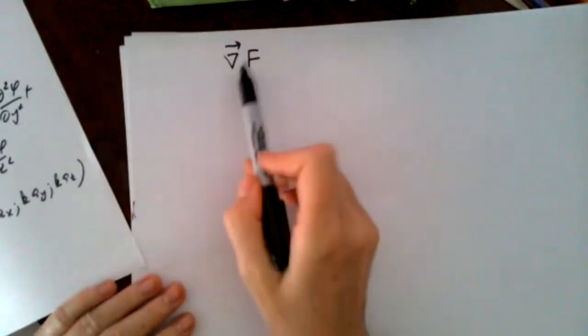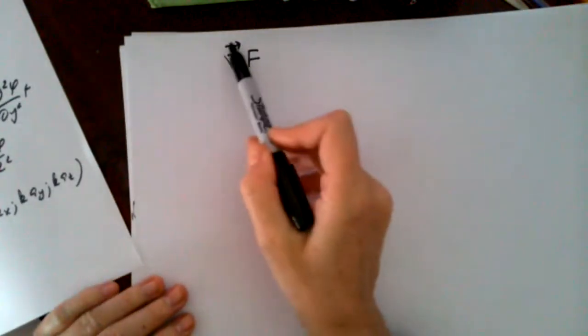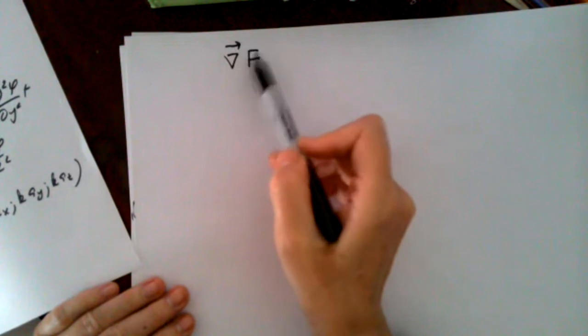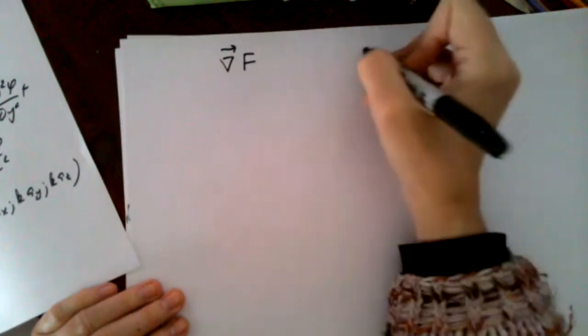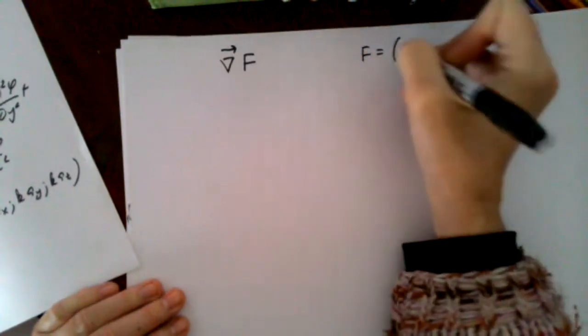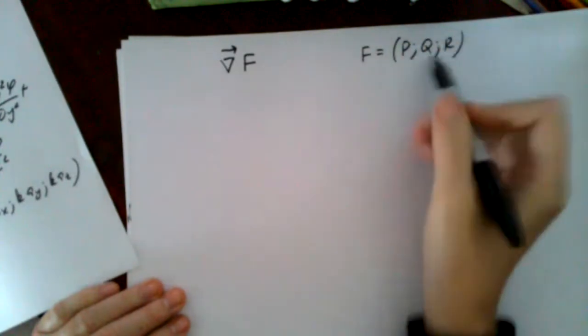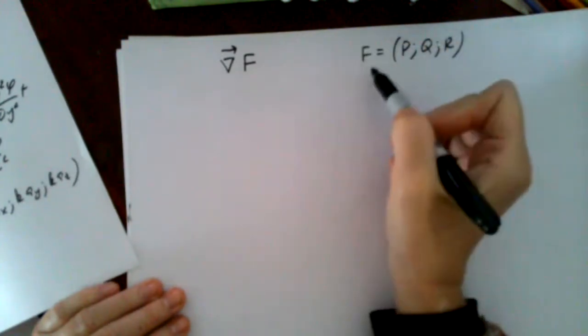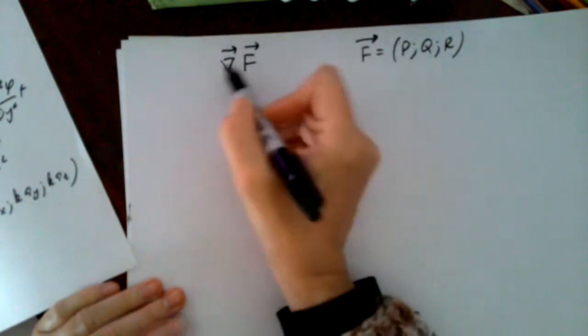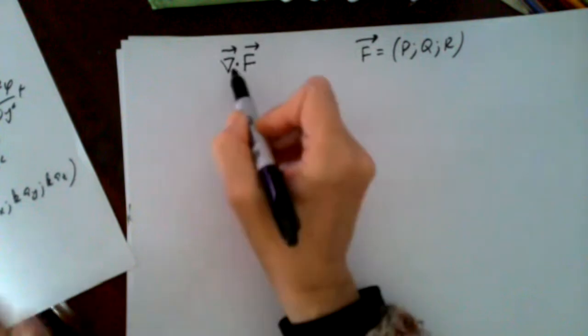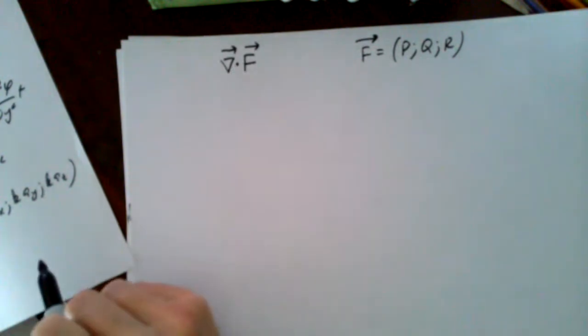Is this a dot product, or maybe it's again multiplication of my vector by a scalar? You need to look at the nature of f. What is f? If f is given in this form, you need to recognize this is a vector. Only a vector can have three components. So you put an arrow above it, and you realize, of course, this is a scalar product. I can restore this dot between them.